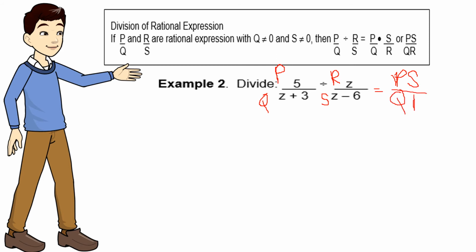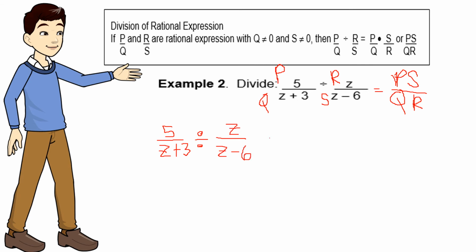So pag natandaan natin to, okay na yan. So we have 5 over z plus 3. Ito yung ating P over Q divided by, so yung given, ito muna yung given, z over z minus 6.